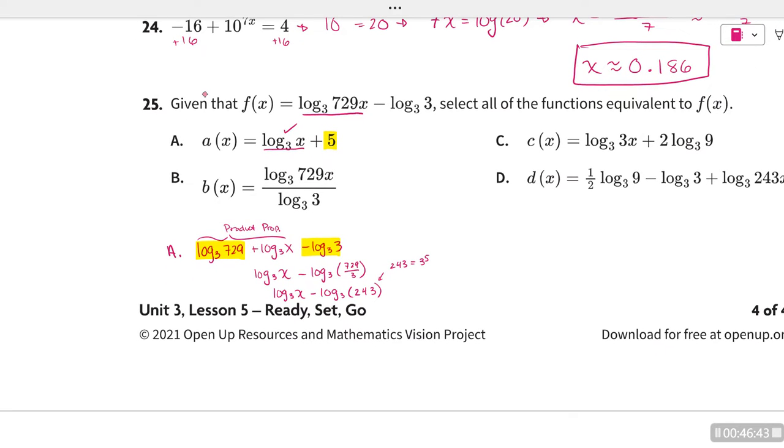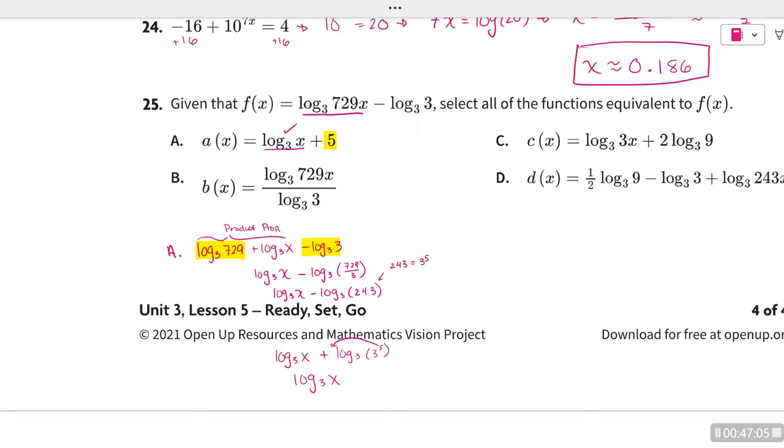I'm running out of space, so I'm going to work down here a little bit more. So I get log base 3 of x minus log base 3 of 3 to the 5th. Well, that is 5. I can bring that 5 down front. Log base 3 of 3 is 1. So log base 3 of x.